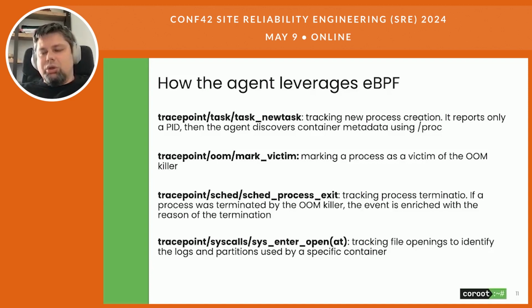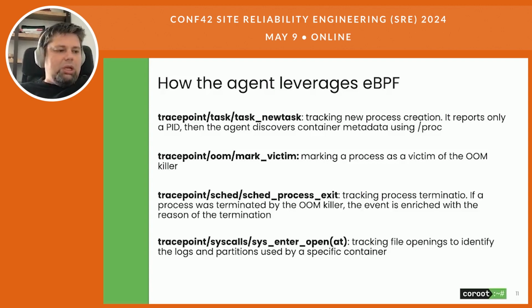It allows us to know in real time that a new process has been started, and we know its process ID, and then the user space part of the agent can resolve all metadata like the cgroup of the process, understand the name of the container, its labels, and so on.